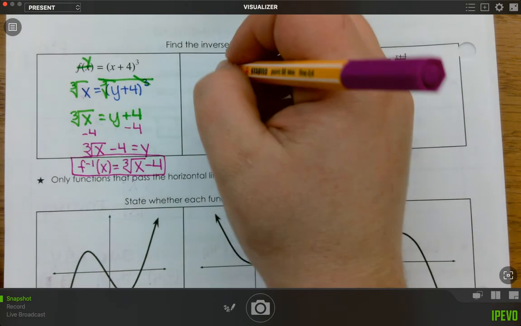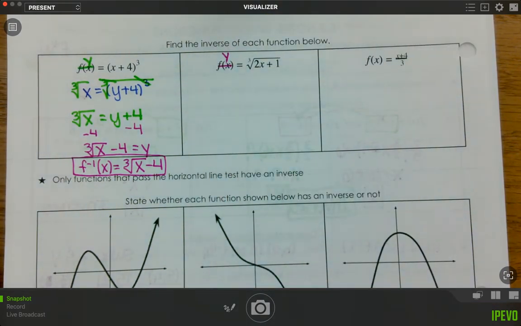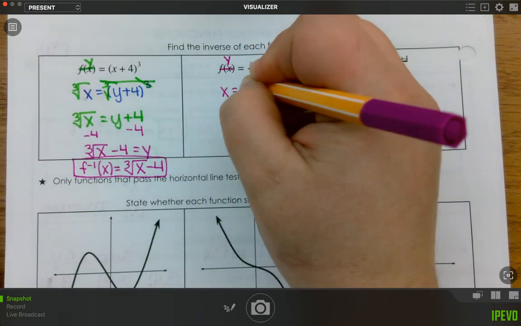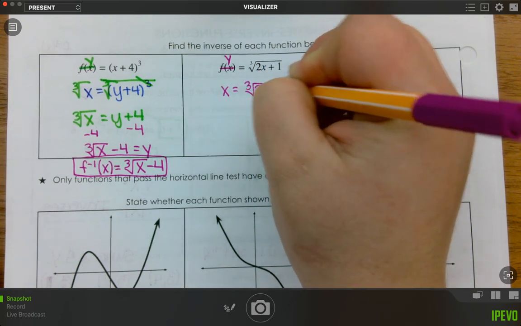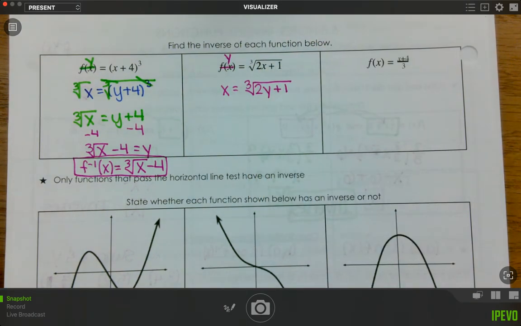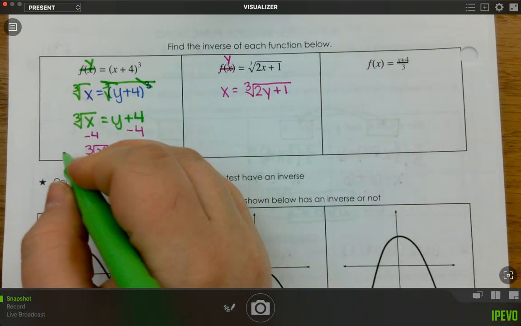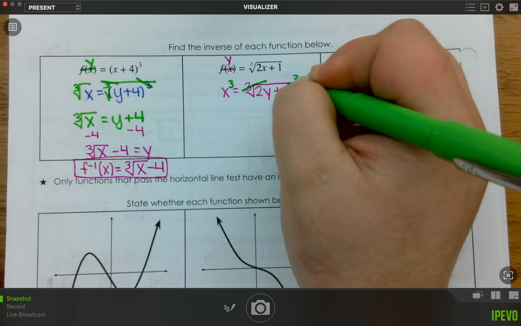And then I'm going to do the same thing over here. This is my y. First thing you need to do is swap x and y. So it's going to be x equals the cube root of 2y plus 1. So step 1 in finding an inverse is to switch x and y. Then you have to figure out how to get y by itself. This is the opposite of the one before it. I need to cube both sides to get rid of this cube root.